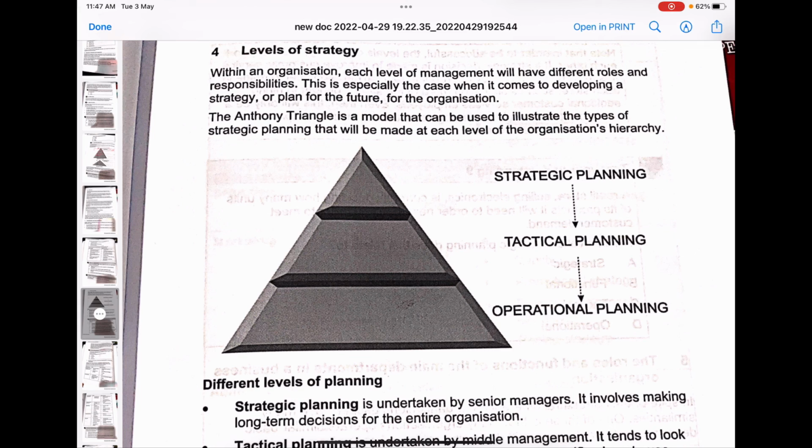Large number of time consuming meetings: that is B, matrix. Dual command, which is also matrix. Difficulty coping with diversification is A. Overlap of authority between managers, so that is also matrix. So the answer is BBAB, right?